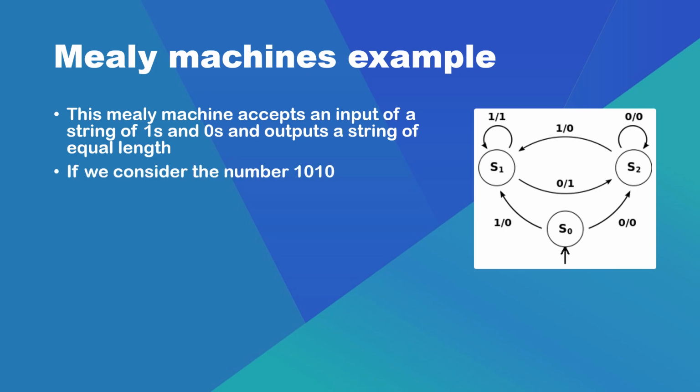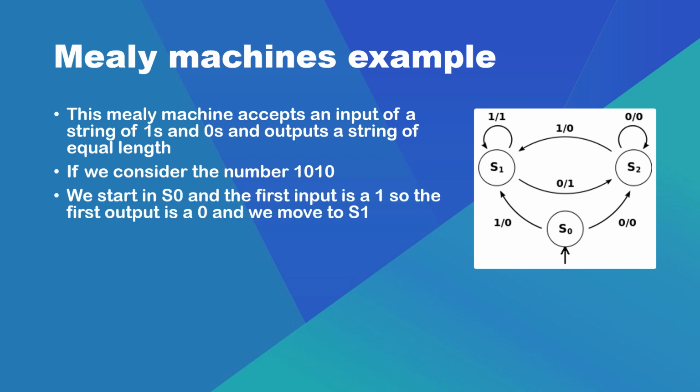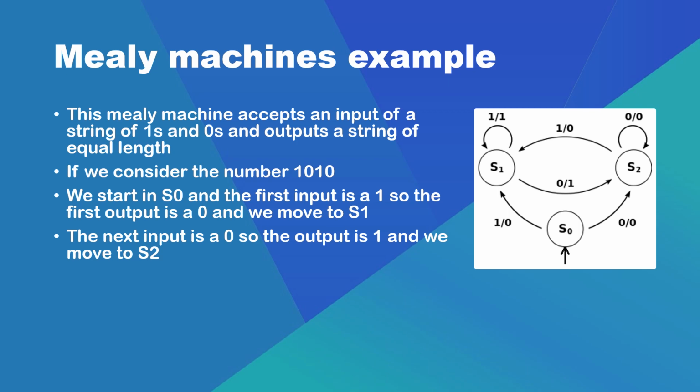Let's consider the number 1010 going through this Mealy machine. We begin in the start state at S0. The first input is a 1, so the first output is a 0, and we move to state 1. The next input is a 0, so the output is a 1, and we move to state 2.